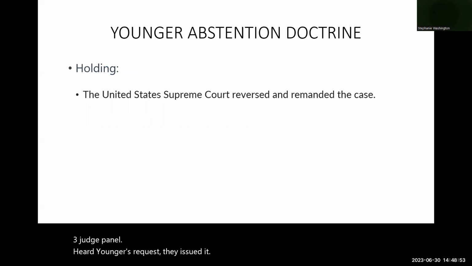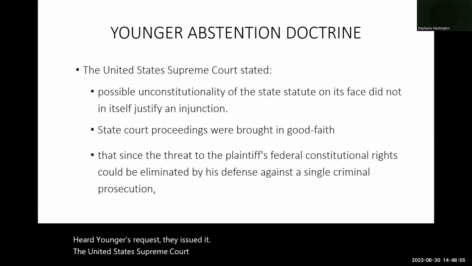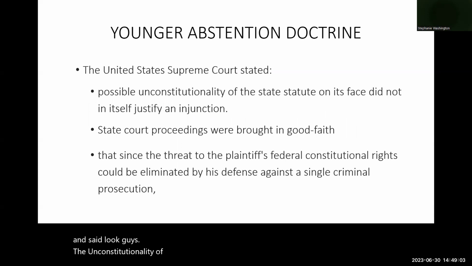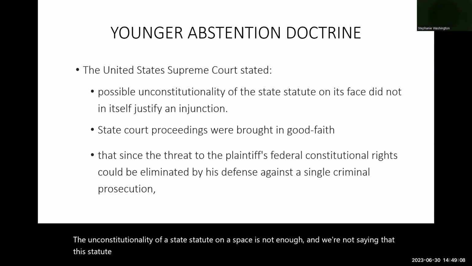The United States Supreme Court reversed it. The United States Supreme Court reversed it and said, look, guys, the unconstitutionality of a state statute on its face is not enough. And we're not saying that this statute is unconstitutional, but let's be real clear so you're not getting things mixed up with Mitchum. That by itself is not enough.